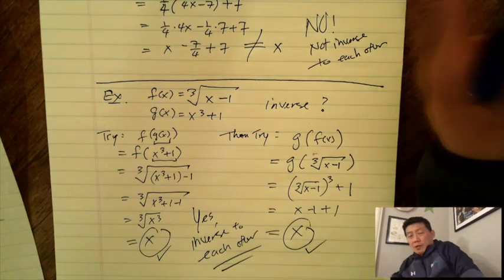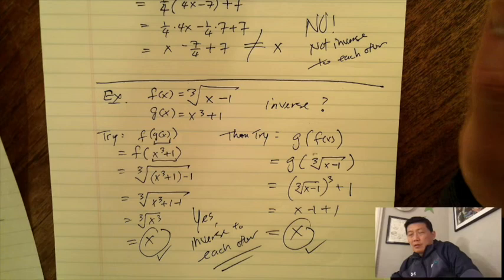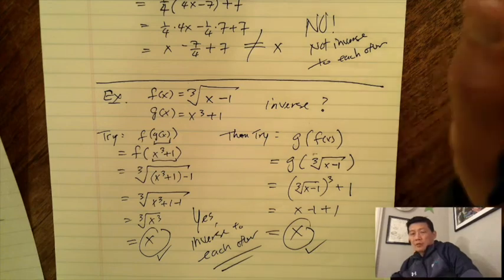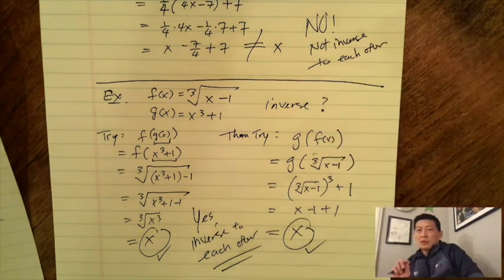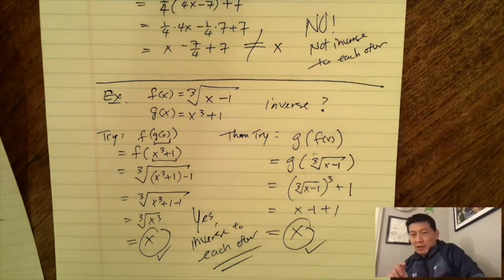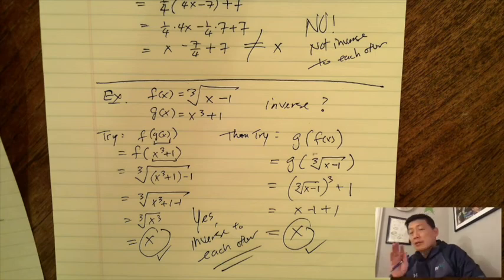So recap. Inverse function: how we find the inverse function or inverse relation of a function is to replace x for y and y for x, and then we solve for y. Second point, you should be able to graph the original function and the inverse function.